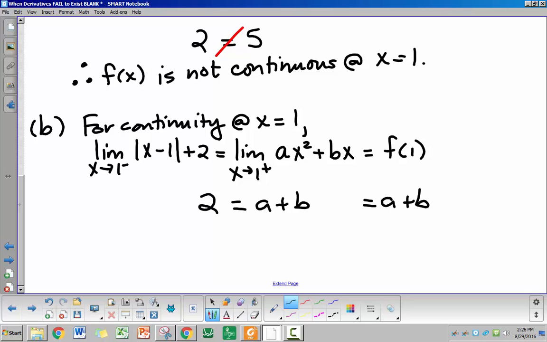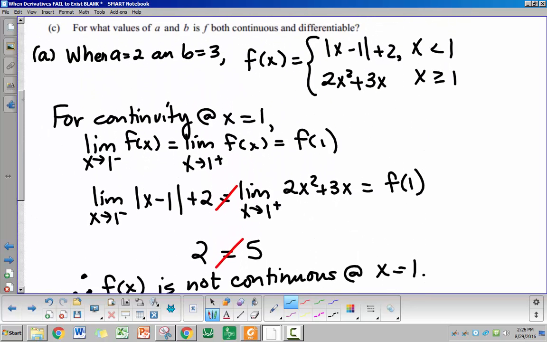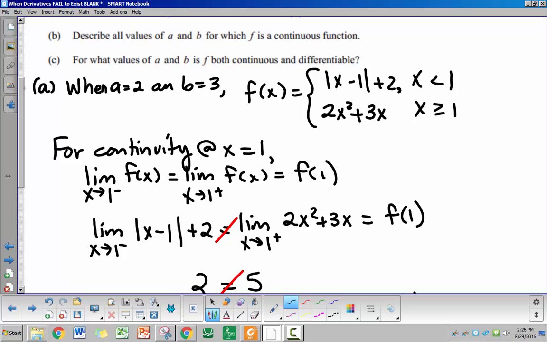So what does the question say? Describe all values of a and b for which the function is continuous.